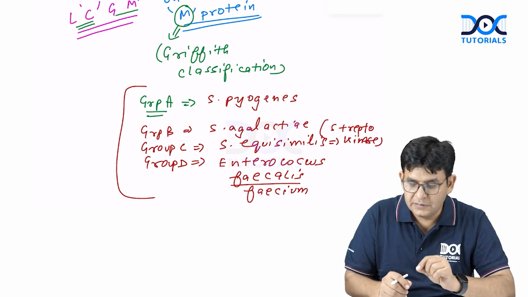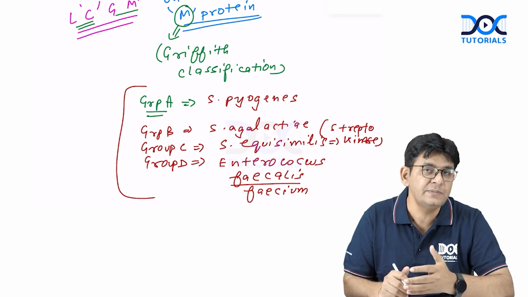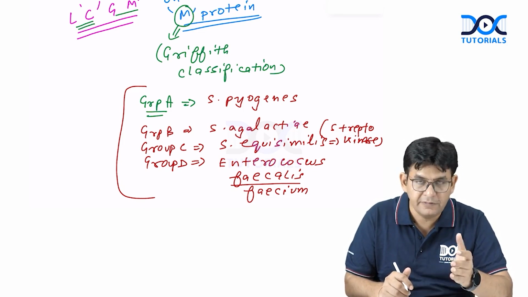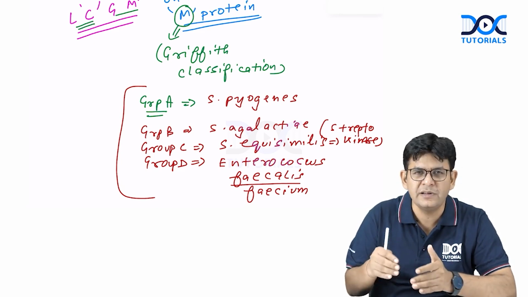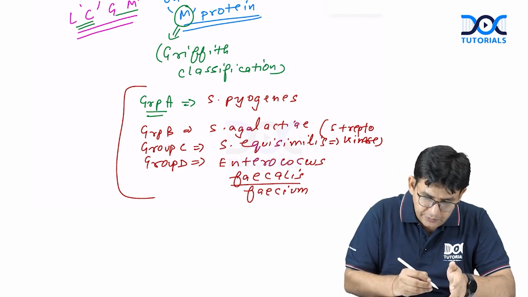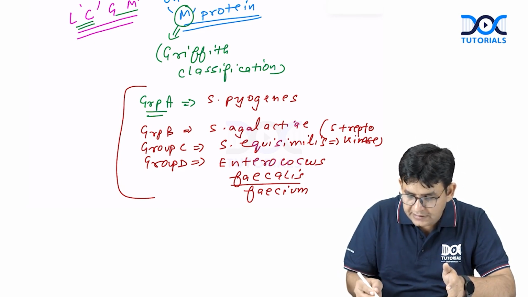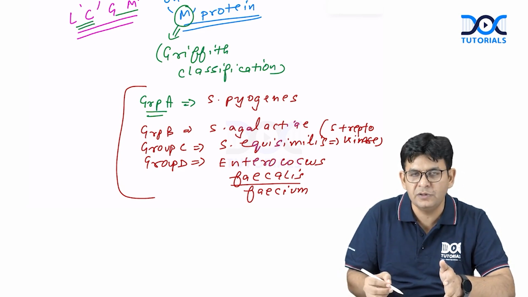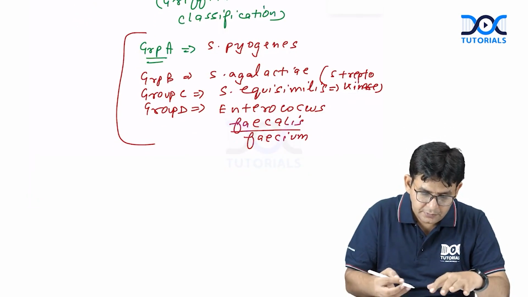Equisimilis is used to produce what? Streptokinase. Even pyogenes is used to produce streptokinase. That is the relevance of this. Now, remember this: group A is pyogenes, group B is agalactiae, group C is equisimilis, and group D is the controversial one, Enterococcus faecalis and faecium. Is it fine?